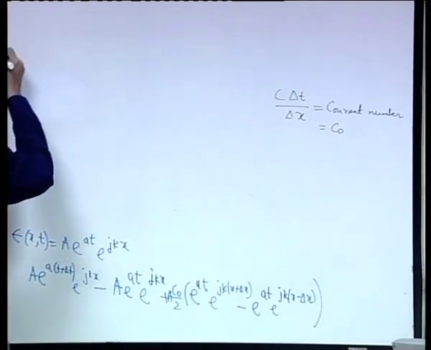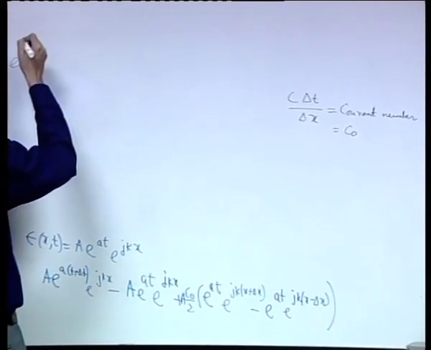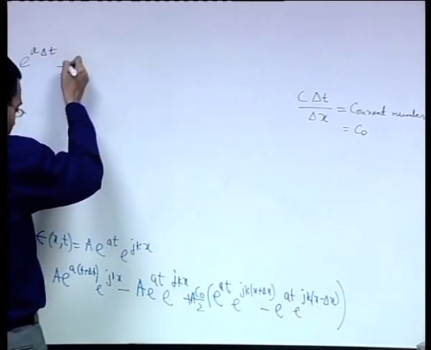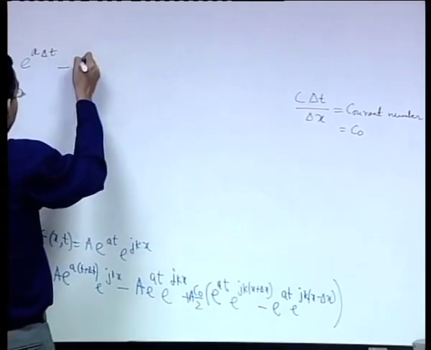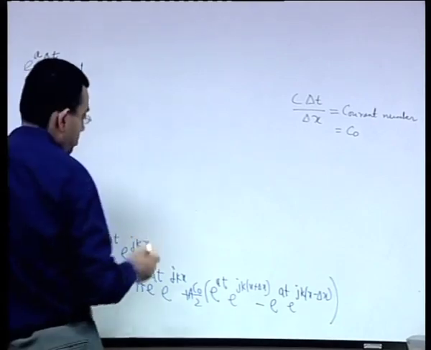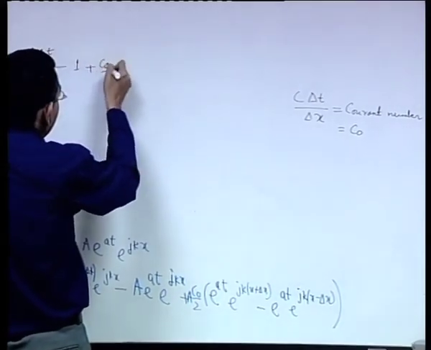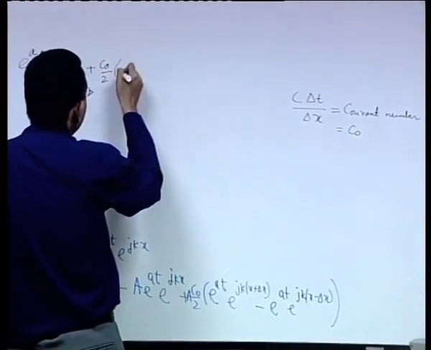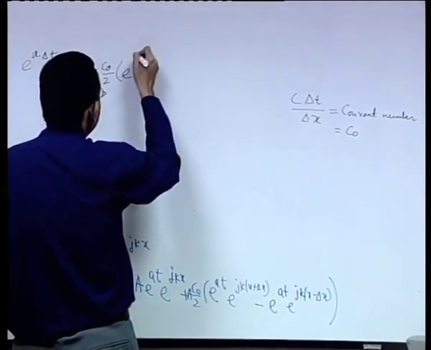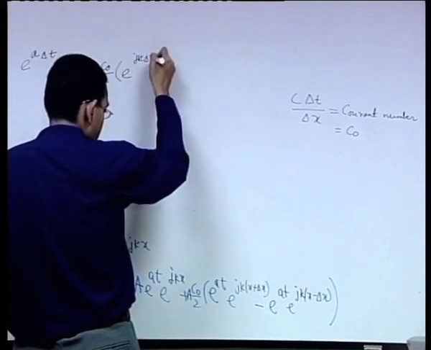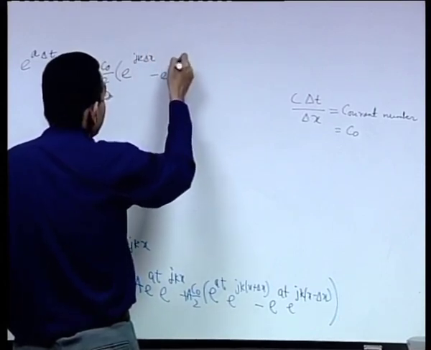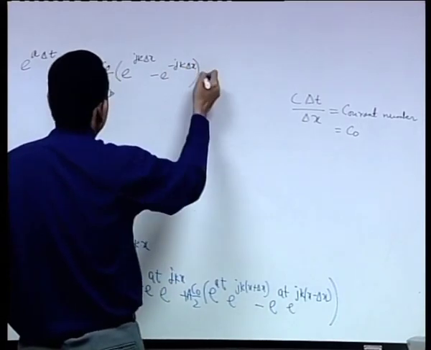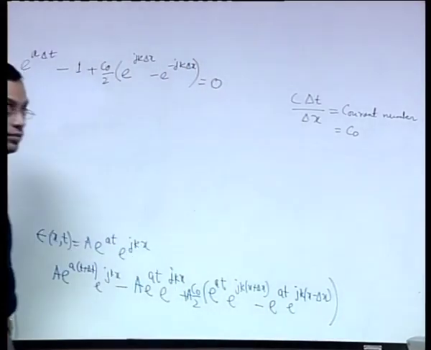So, we have e to the power a delta t minus 1 plus Courant number by 2 times e to the power j k delta x minus e to the power minus j k delta x is equal to 0.